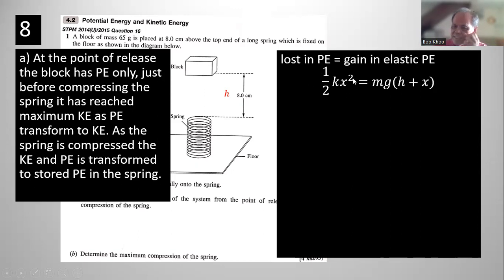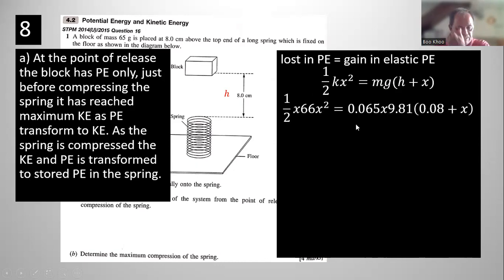Right? Elastic potential energy is half kx squared. Right? Remember, this is the height, but there's also a compression there. So that is the total height of the block. Right? It's compressed a distance x. So that's a compression or extension. Right? Compression.